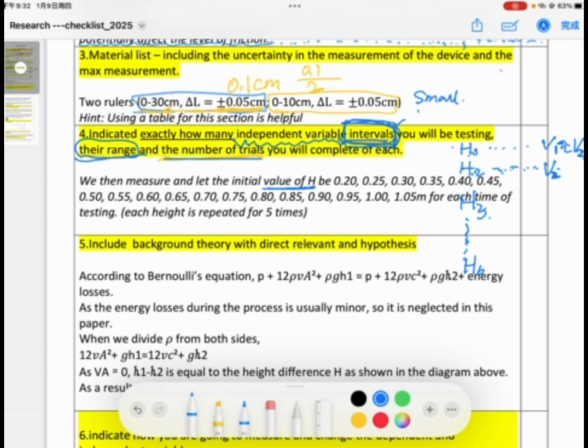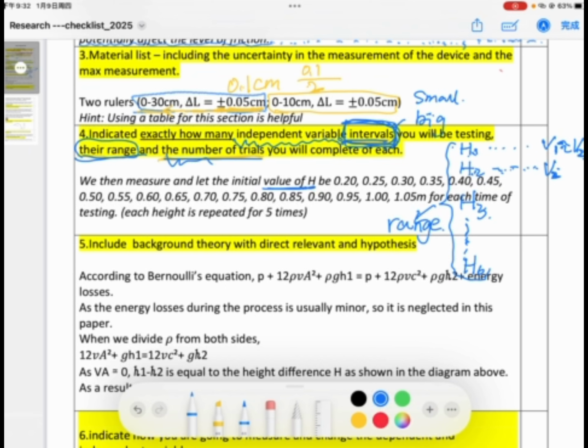If you make your interval too big, then if you're going to take 6 sets of data, there will be a big range. But sometimes when you're doing your experiment, you have a limited range, so you have to take different sets of data within this range.